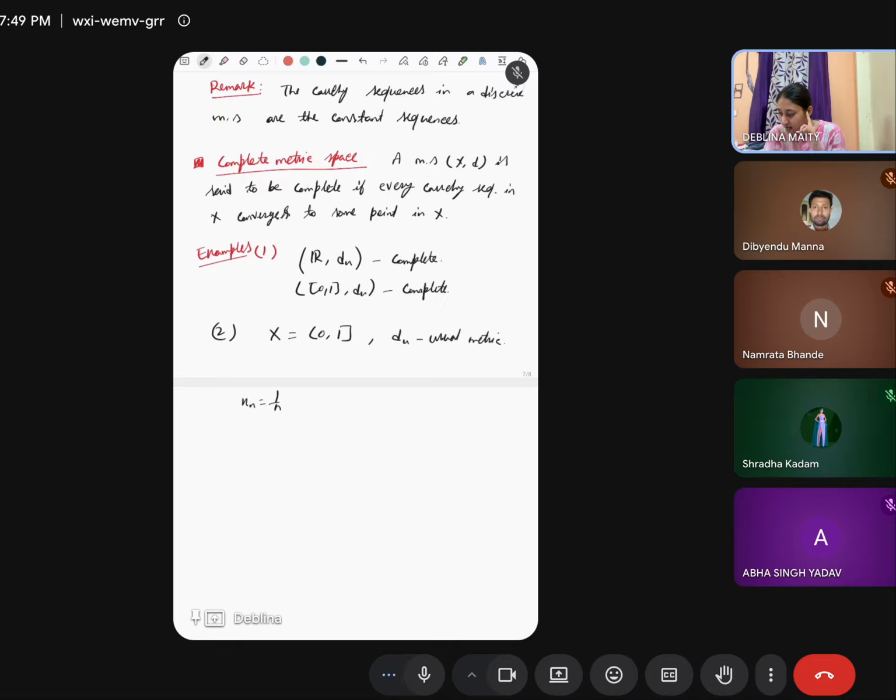So x_n is Cauchy, but it converges to a point which is not in the whole space X. That's why it is Cauchy but not convergent in X, so X is not complete.